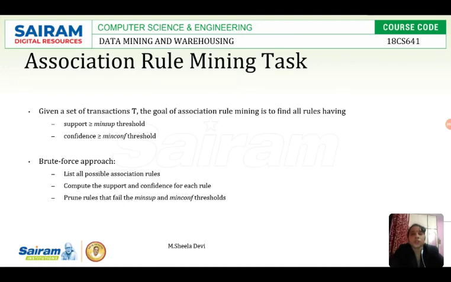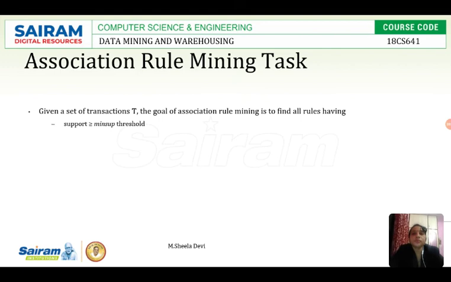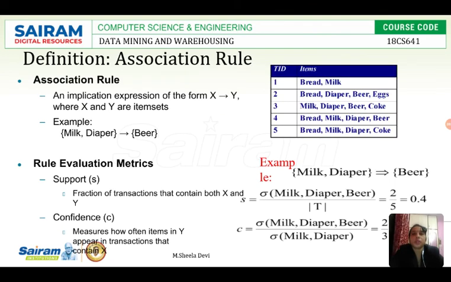I'll take this example and explain what the minimum support threshold is. Here I have 5 data items. I will take all the 5 items and create the item sets for all the possibilities, and for every possibility I create the association rule.